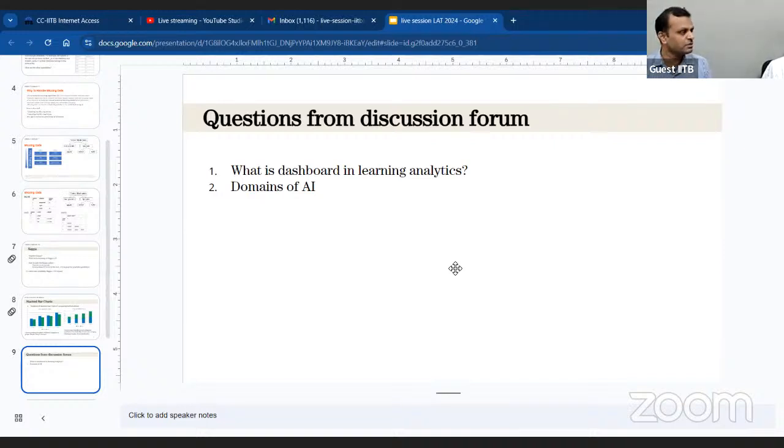Domains of AI. What are the domains of AI basically? They wanted to know whether deep learning comes under AI or machine learning comes under AI. I think we'll be talking about it in the 5th week or so, when we talk about predictive analytics. AI is a big circle. Within the circle, ML, machine learning comes. Within ML, deep learning comes.